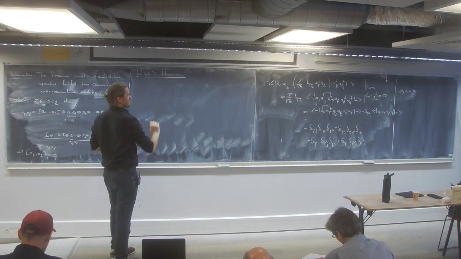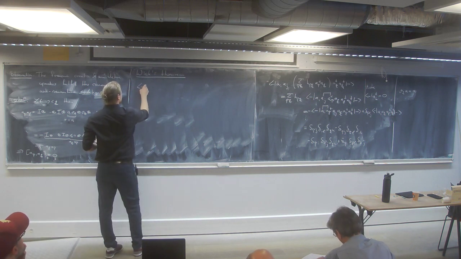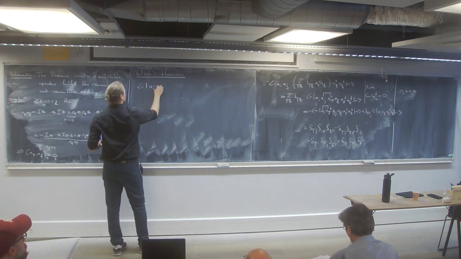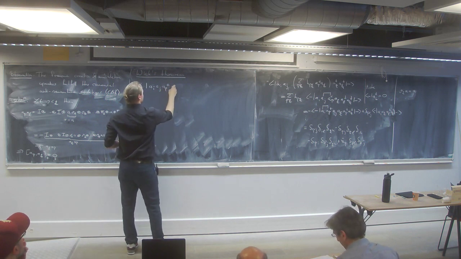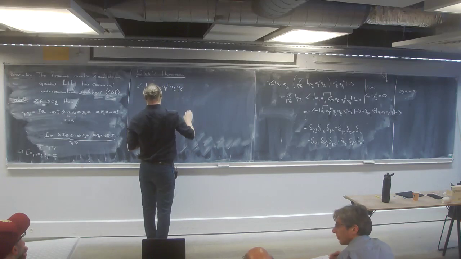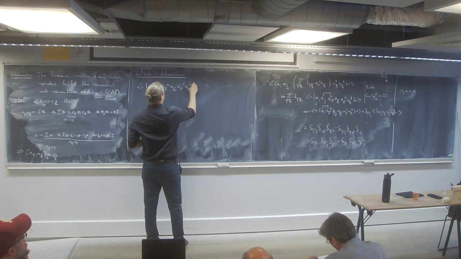So let me copy this part with the indices correctly. So we get A_I, A_J, A_P dagger, A_Q, and then A_L dagger, A_K dagger.